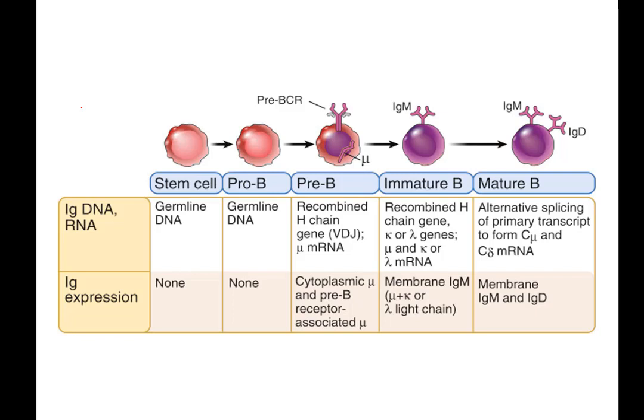So we now have an immature B cell with a rearranged kappa 1 or kappa 2 or lambda 1 or lambda 2. Once one is functional, it's set and the rest of them don't go forward. So we have 2 kappas and then the lambda. And then once we make that, we have an immature B cell that just has IgM on the surface.